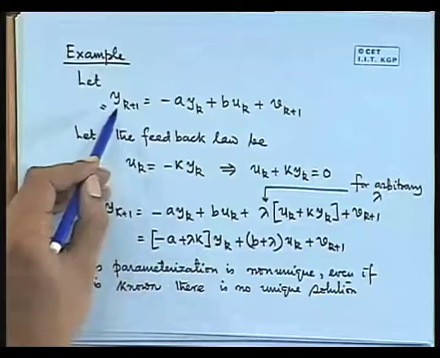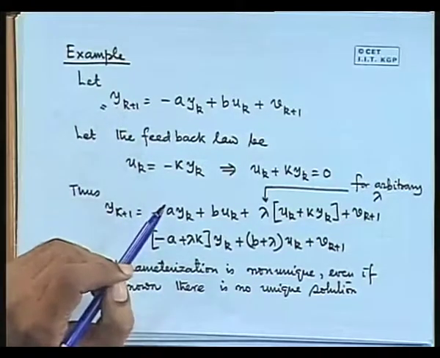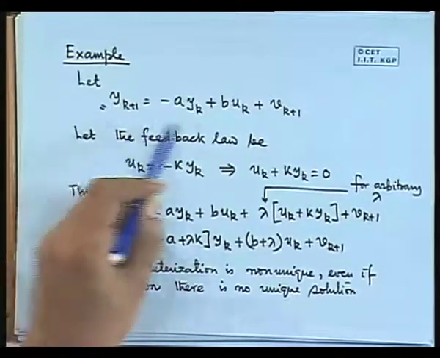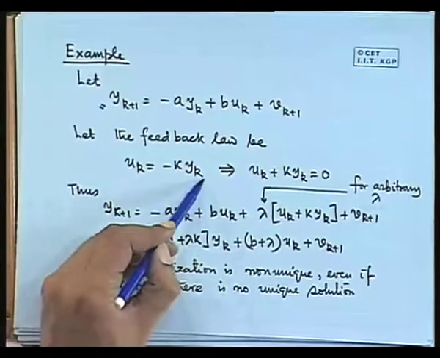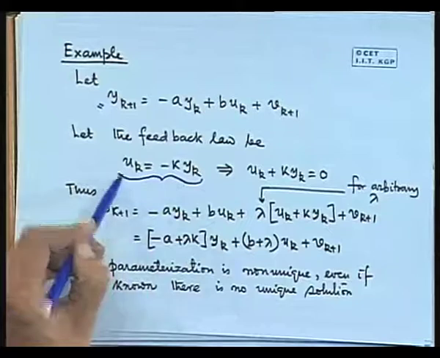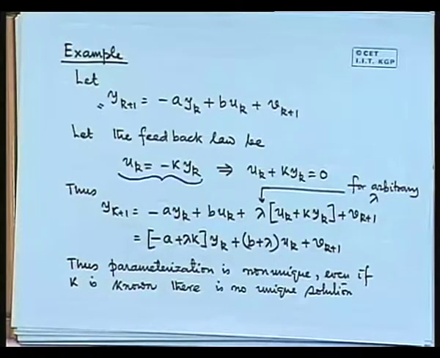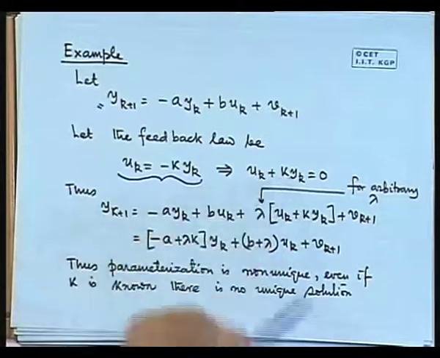Why? For example, if you take this system, a simple first order system, this is U, this is my G. So a simple first order plant G, and assume that you have taken a simple proportional feedback, uk equal to minus kyk. Then obviously uk plus kyk equal to 0.